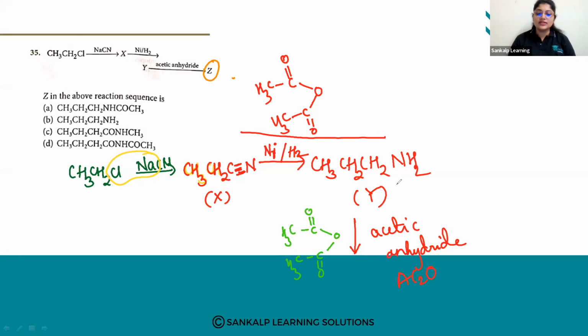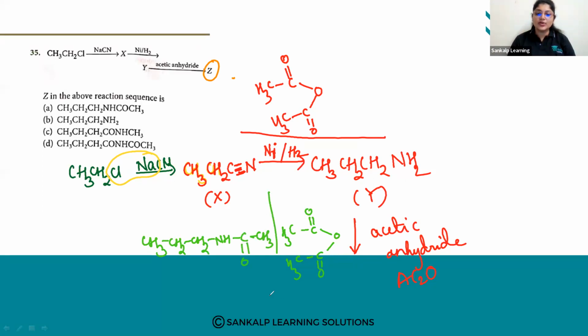Now this OCH3 group will combine here and you will get CH3CH2CH2NH, NH, C double bond O, CH3.